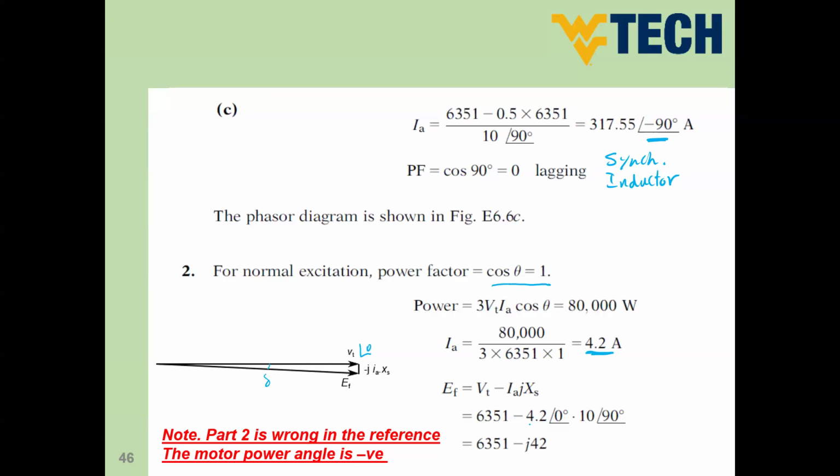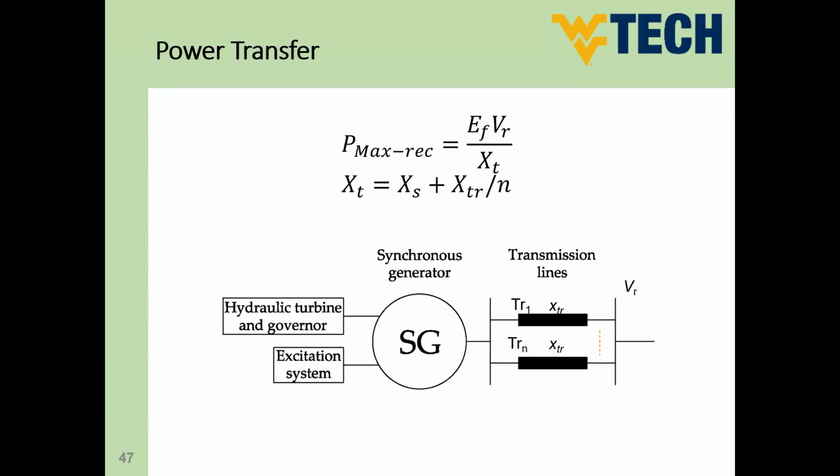So this is incorrect. So the right representation is what you can see here. So this is, guys, about the synchronous motor operation in case of different power factor conditions.